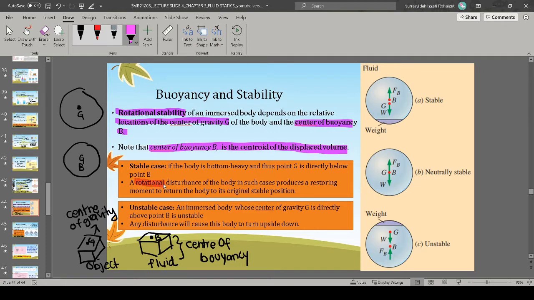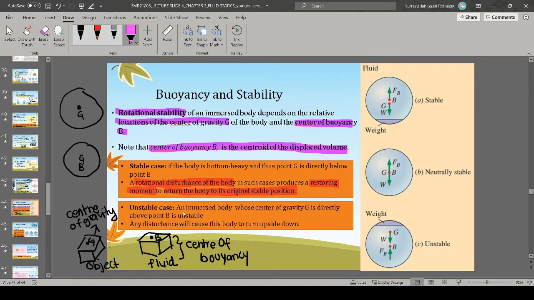So any disturbance to the body, any external forces, will produce a restoring moment, the one that is mentioned in the previous slide. So it will make our body return to original stable position when G is below B.